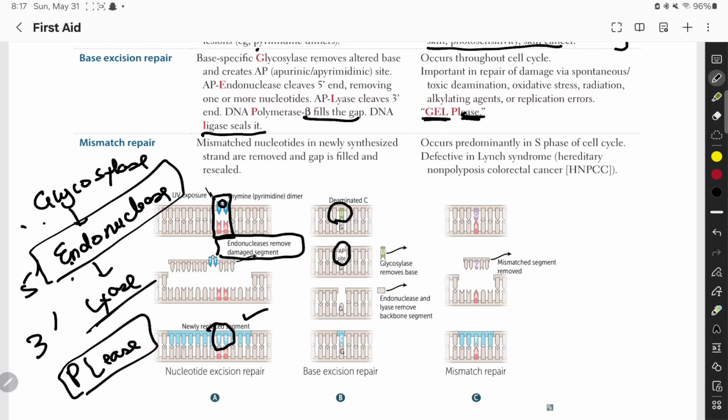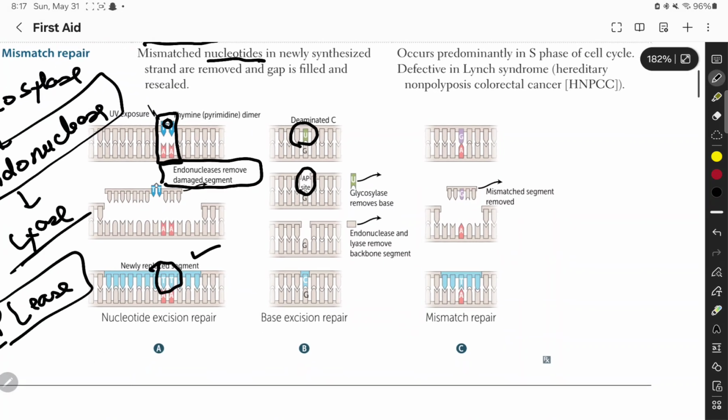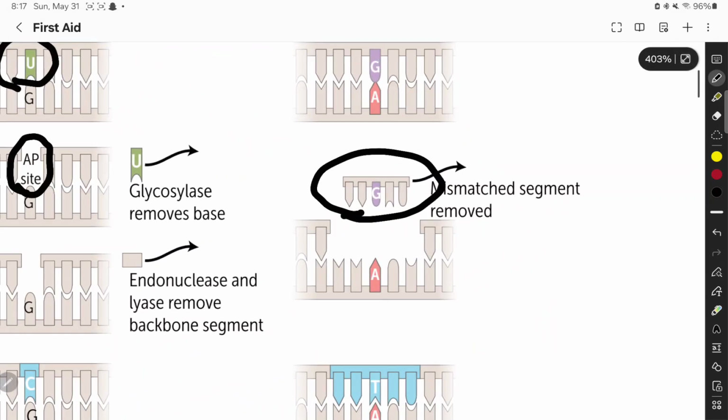Then we have mismatch repair. In mismatch repair, the mismatched nucleotides are removed and the gap is filled and resealed. You can see this is the mismatch segment. For example, you have guanine instead of thymine over here, but what you want here is thymine.